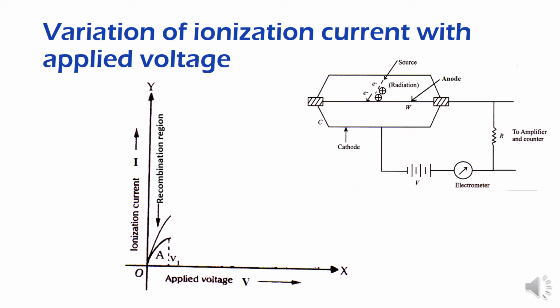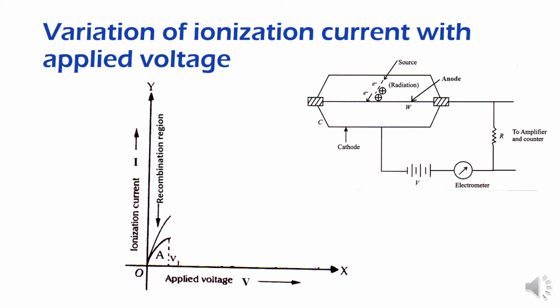Let us assume that when the applied voltage is V1, the potential at the anode is sufficient to attract all the electrons which were produced during primary ionization.